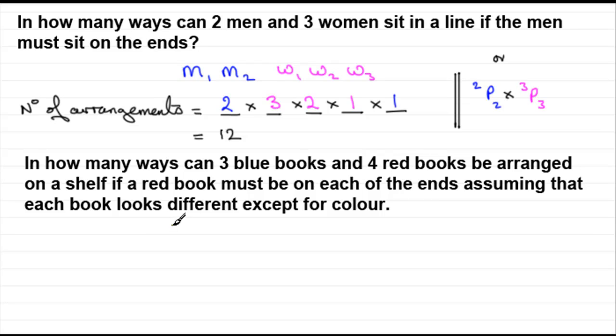So I would call those books, the blue books, B1, B2, B3. And as for the red books, obviously I'm going to call them R1, R2, R3 and R4.